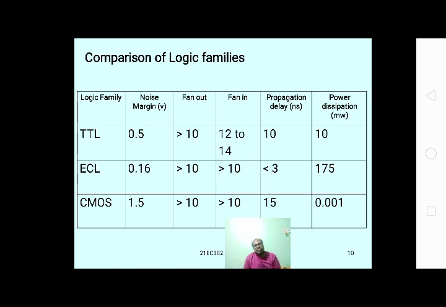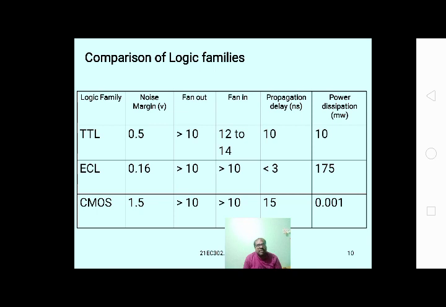Next, for the CMOS logic family, noise margin is 1.5. Noise immunity is very good. Fan out is greater than 10, and it might reach greater than 50 also. Fan in is greater than 10.